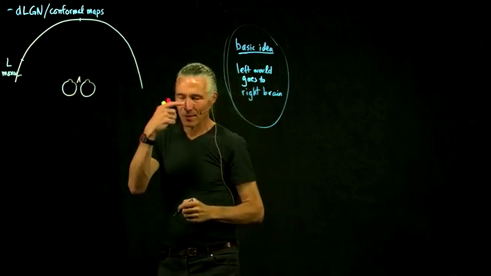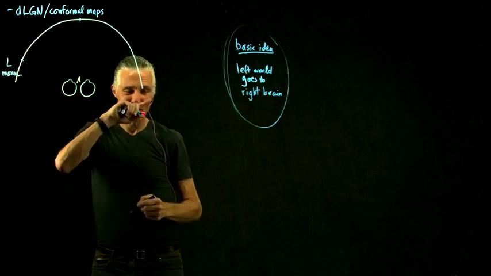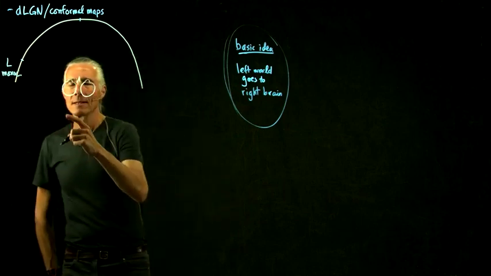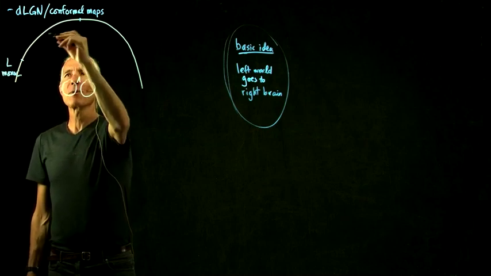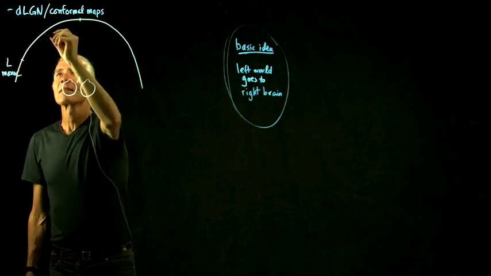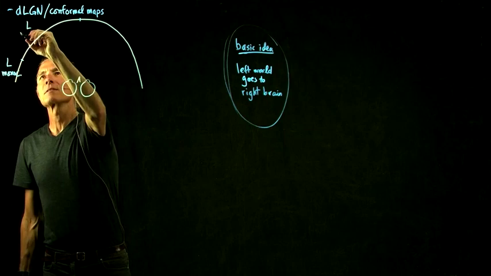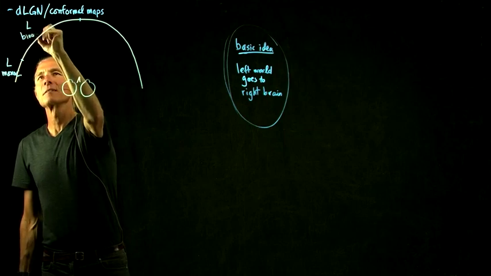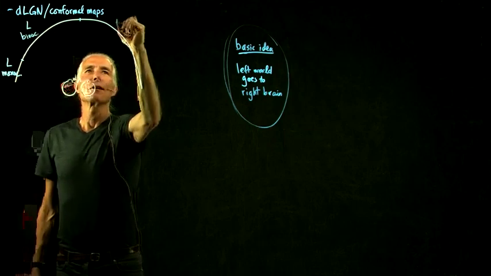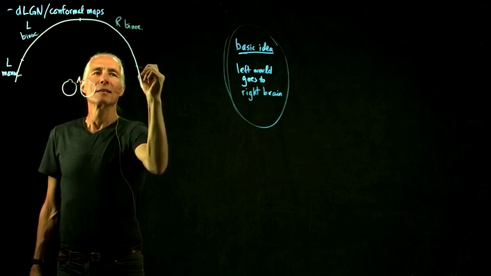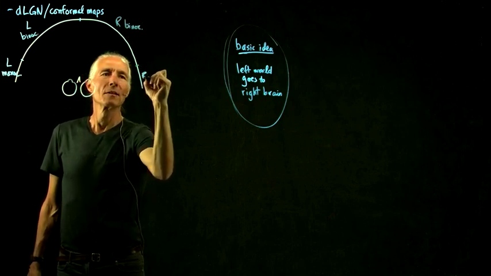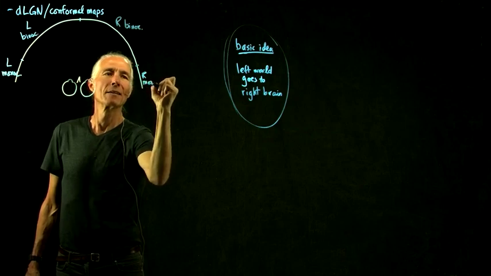Even if you get rid of the nose or look above or below your nose, there's a portion of the world that's only seen by one eye. And then there's a big portion of the world that's seen by both eyes. So here's the left binocular, and here's the right binocular, and then the same thing on the right monocular.